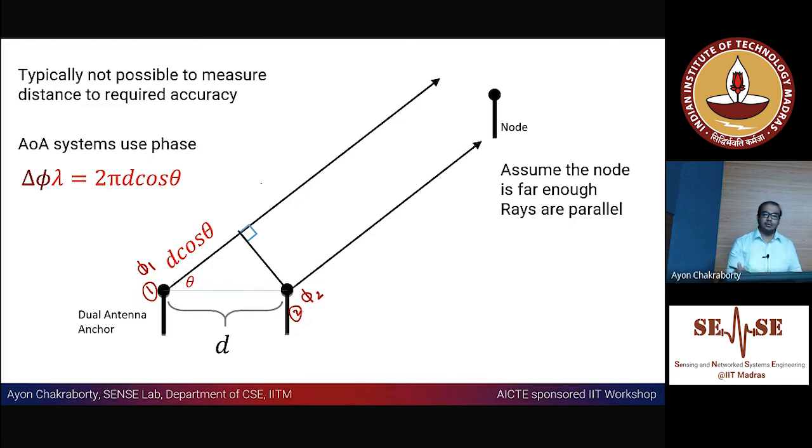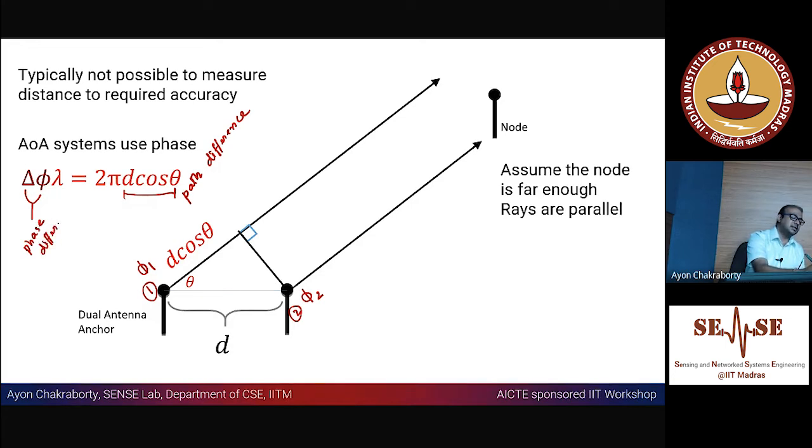If you go back to wave basics that you study in +2 physics, that multiplied by lambda, which is the wavelength, is going to give you 2 pi into the path difference. Okay, so this is your path difference. And what is this delta phi? This is the phase difference.